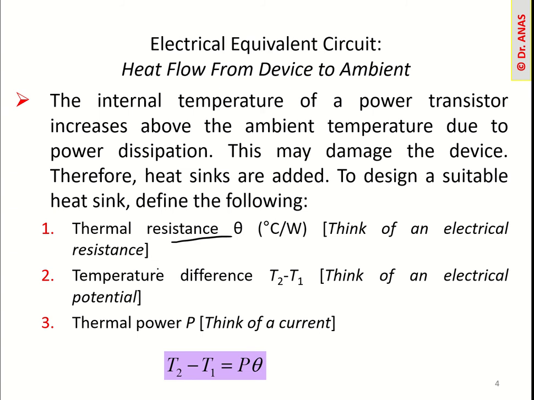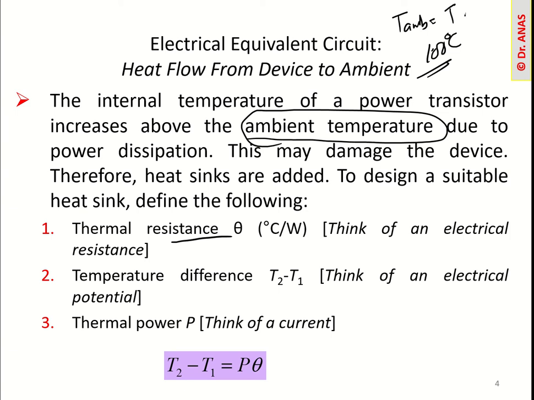Okay, so basically every device is designed for an ambient temperature or device temperature. For example, a device is designed for 100 degrees centigrade. So that is the ambient temperature or device temperature of that particular device, we call it T1. So eventually when the device starts heating up, temperature could increase or decrease, so that temperature will be T2.